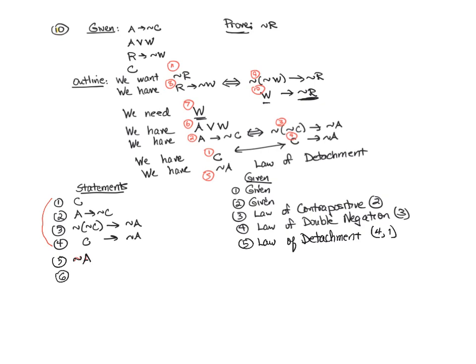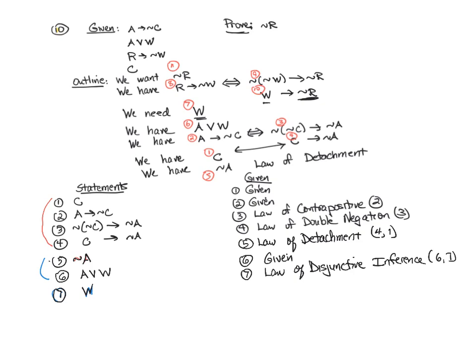And the reason why we wanted not A was so that we could put it together with this disjunction, which was given, and conclude from these two that W must be true. Law of disjunctive inference. And again, that requires 2 steps, and that's steps 6 and 7. And okay.